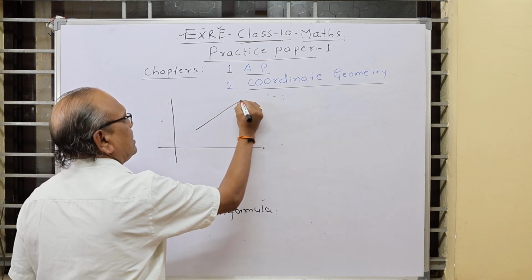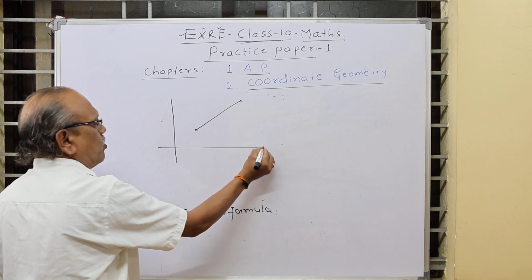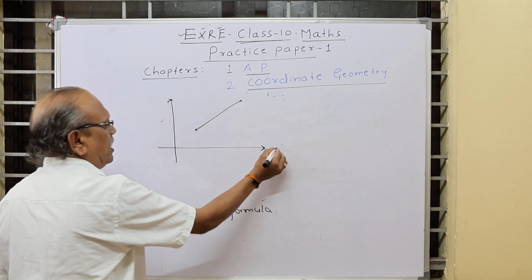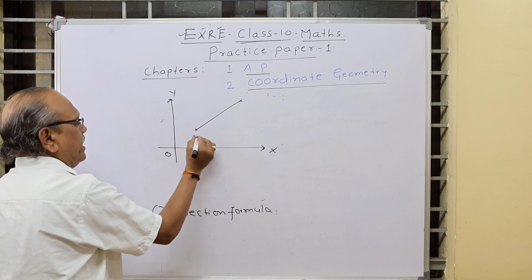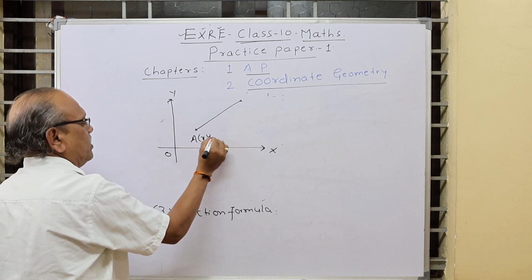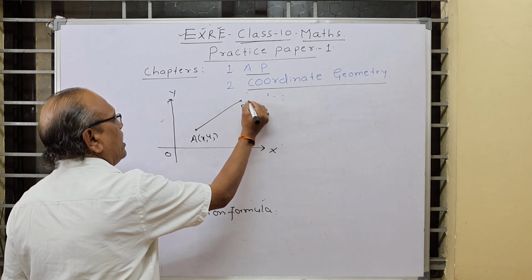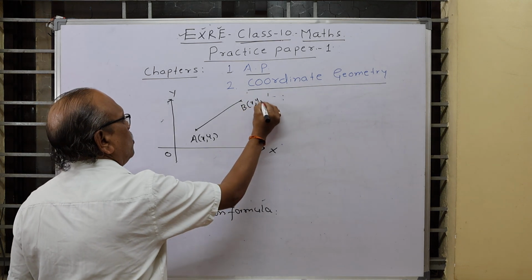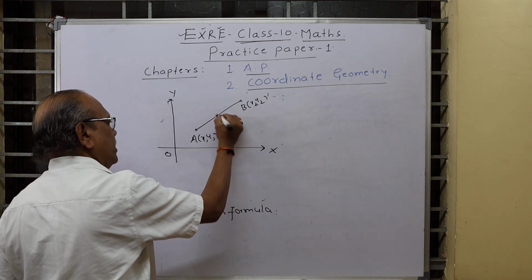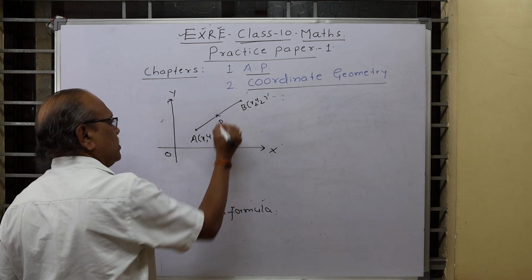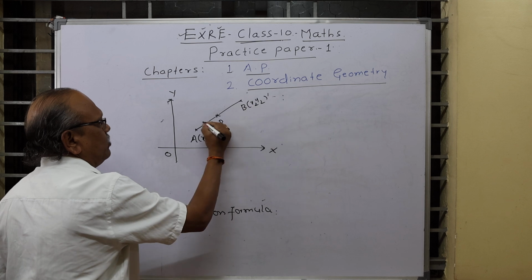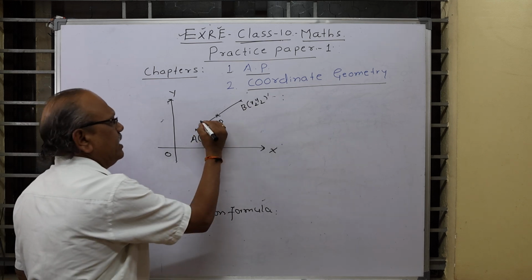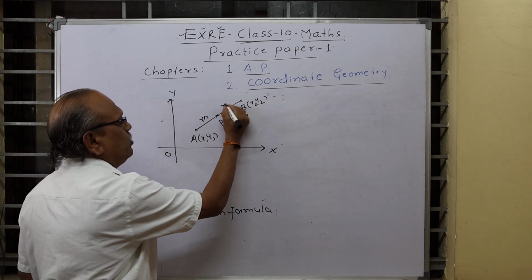Suppose there is a line in a Cartesian coordinate system with axes x, y and origin. Suppose the coordinates of A are (x1, y1) and the coordinates of B are (x2, y2). What do you mean by section point? This particular point P is the section point which divides the line joining AB internally in the ratio m is to n.